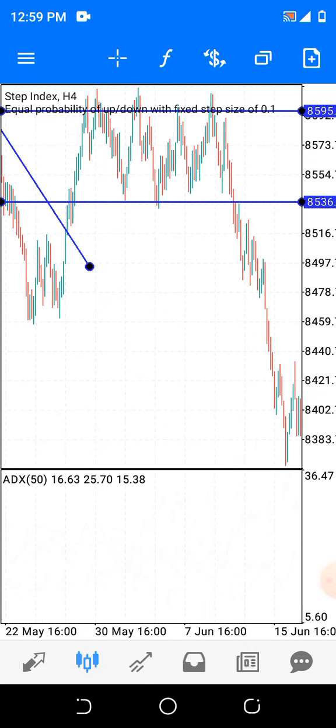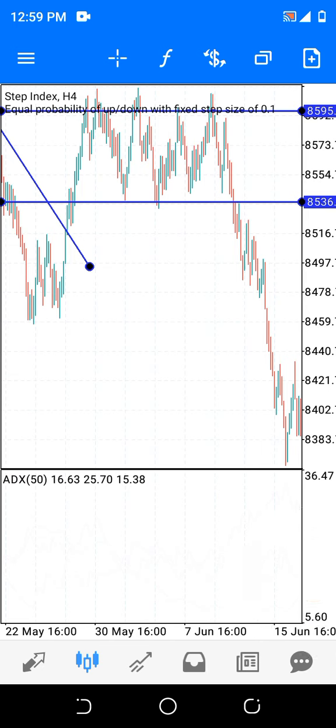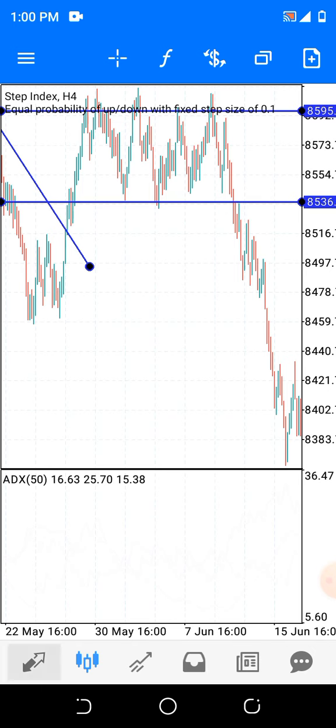So you use support and resistance when ranging. Do you understand? You sell here, you buy here, you sell here. So these are the three stages of the market you need to understand.